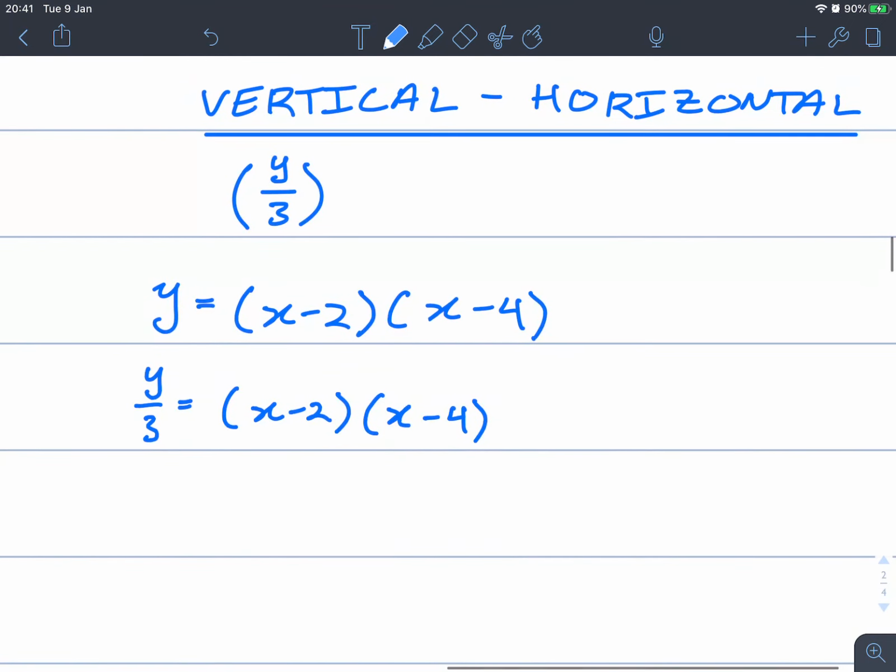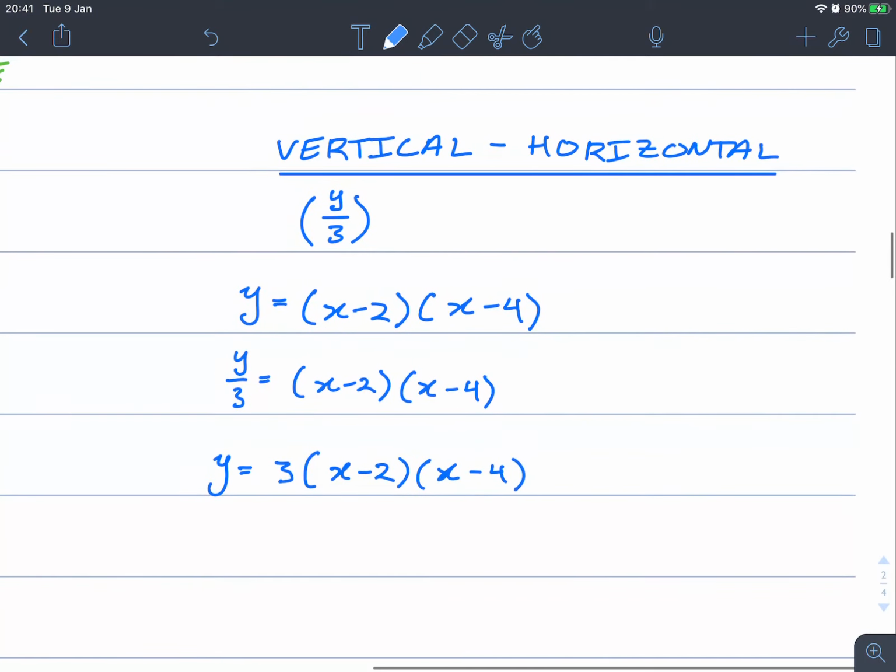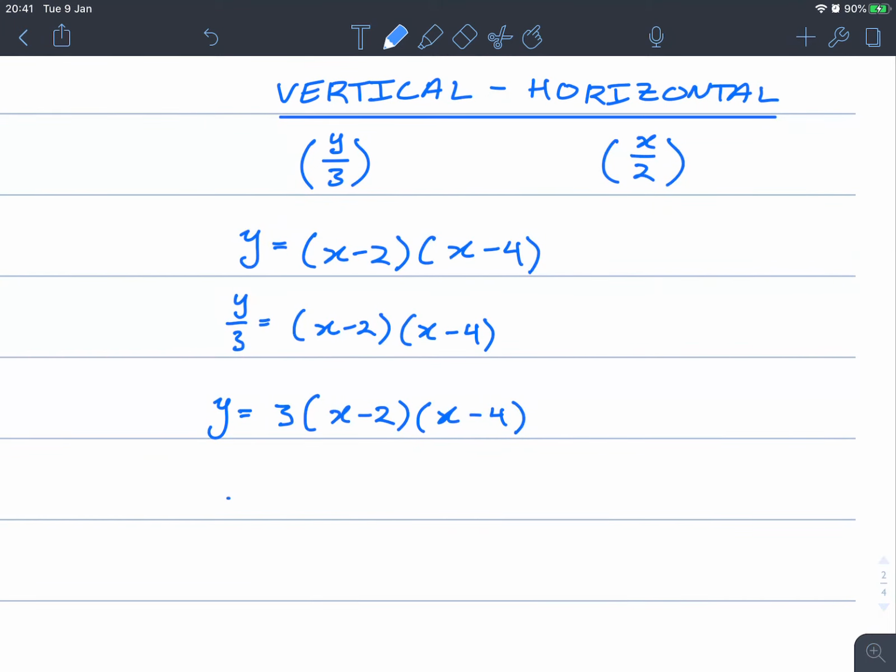Let's multiply everything by 3, giving us y equals 3(x minus 2)(x minus 4).